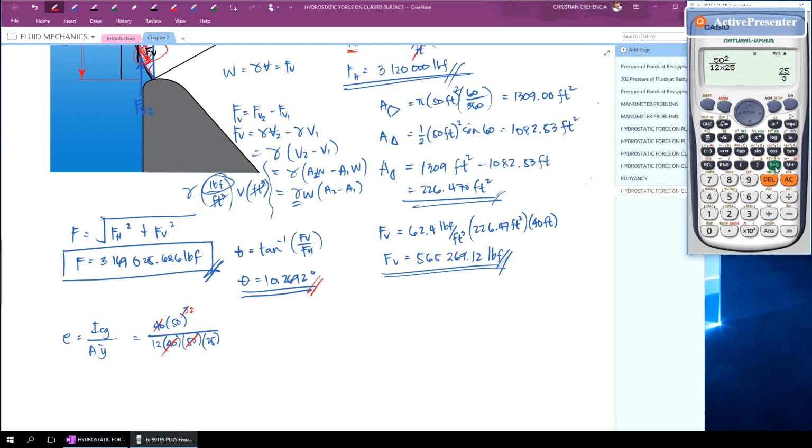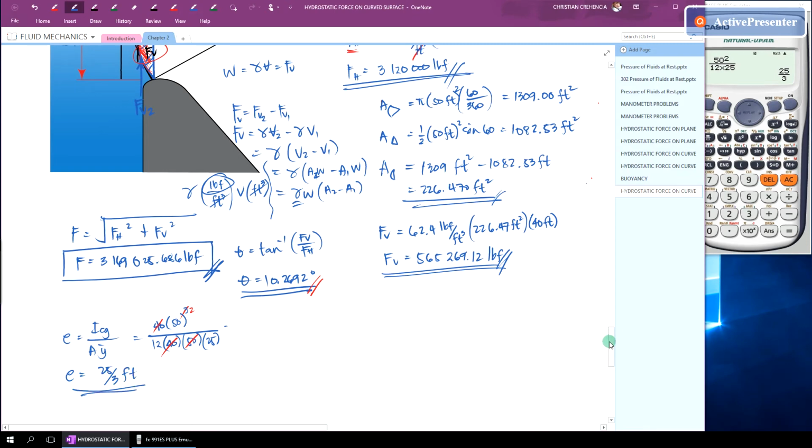Okay, so that's 25 over 3. Ito na lang. So that is in feet.